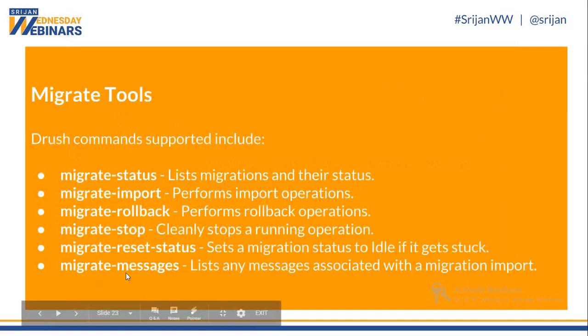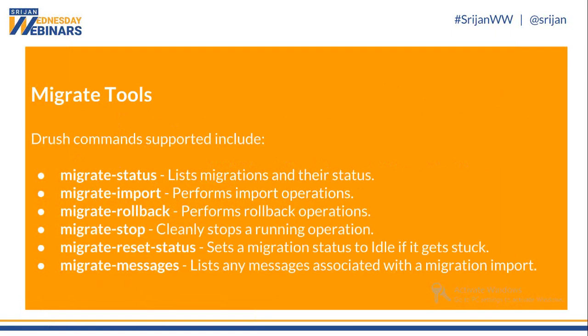And then migrate stop. This command is very helpful when you are in a migration process and it is taking a lot of time, and you decide to run a separate migration individually.